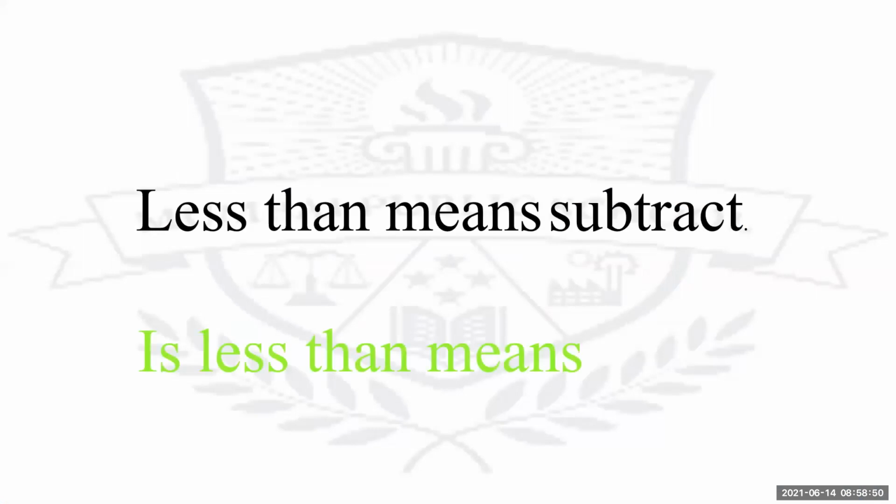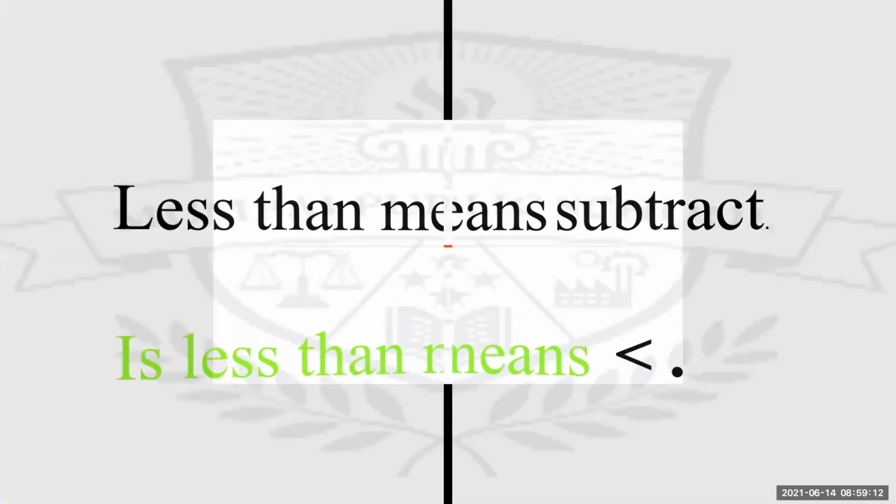But there are two different meanings. Is less than means it is less than a particular number. If it is only less than, you have to use the minus sign. If it is is less than, you have to use the less than sign.